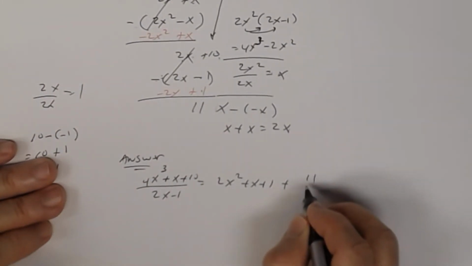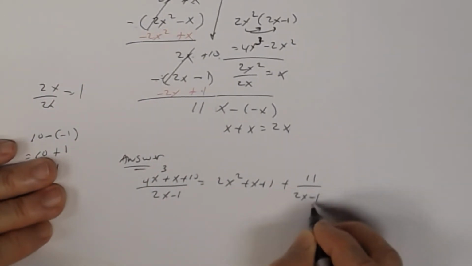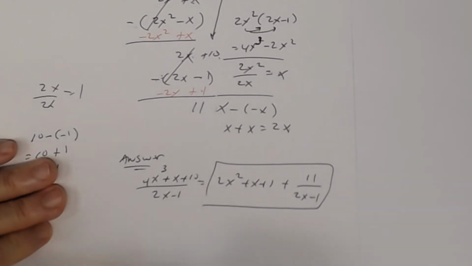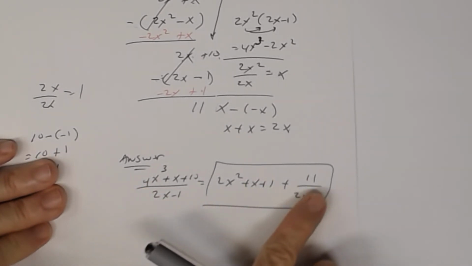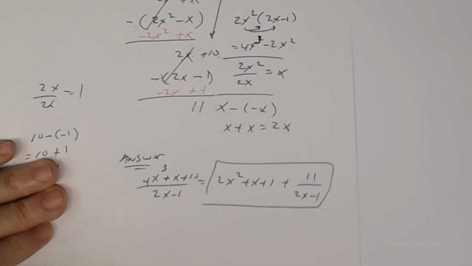So plus 11 divided by 2x minus 1. And so there's your answer right here. Okay, so this equals the quotient plus the remainder divided by the divisor.